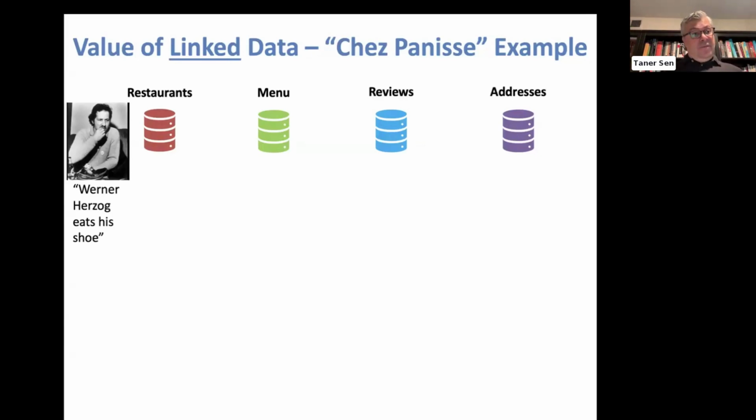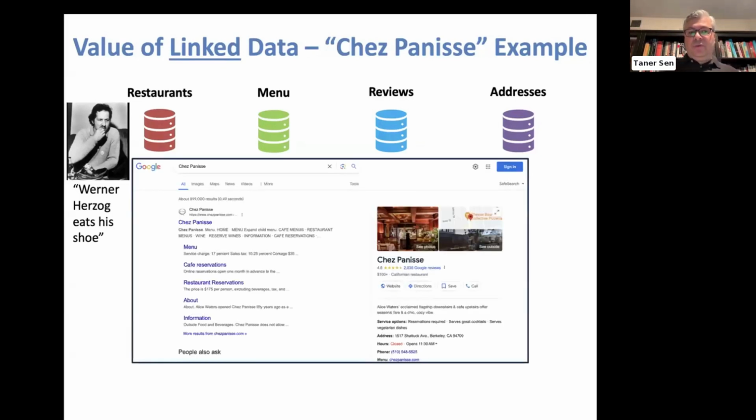But we know that when you link these data sets, it becomes very useful. If you go to Google, you put in Japanese, and you have all kinds of information in front of you. And in a sense, that's what you want from your biological database as well.